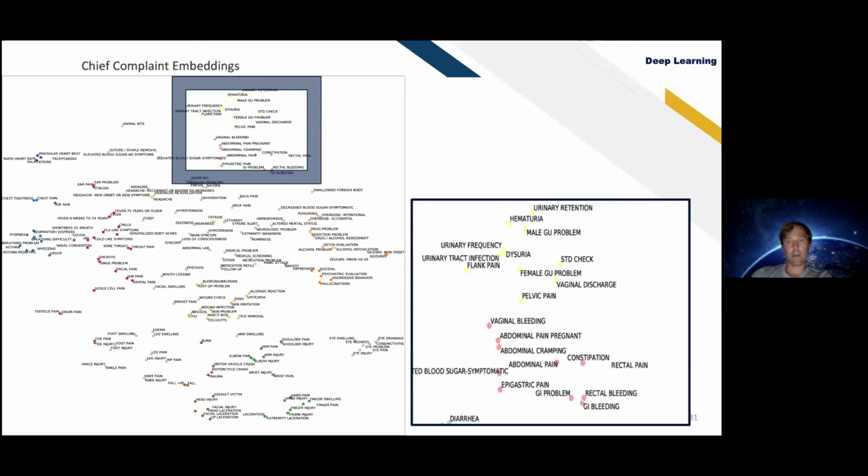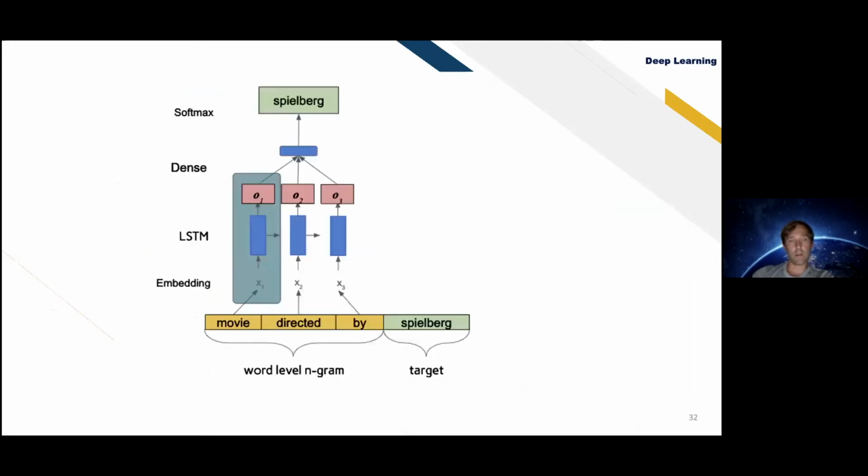And you can see it captures well a lot of the semantics behind those chief complaints. Like all of the urinary complaints are mapped together. You have a lot of the abdominal complaints and vaginal complaints and GI problems that are all mapped together. So it gives you a pretty good idea that these types of embeddings are capturing information in the words themselves fairly well.